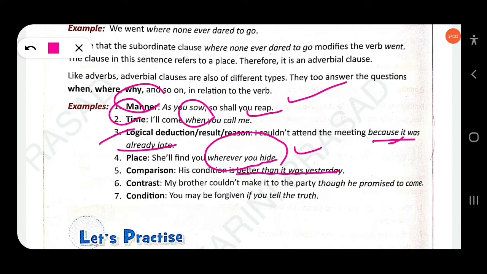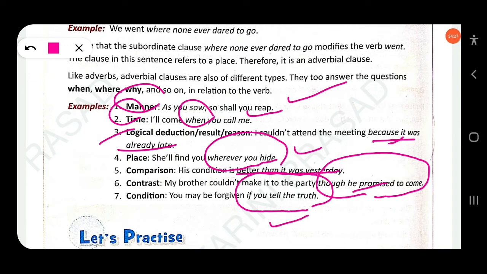Though he promised to come is an adverbial clause of contrast. Condition: you may be forgiven if you tell the truth. If you tell the truth is an adverbial clause of condition.